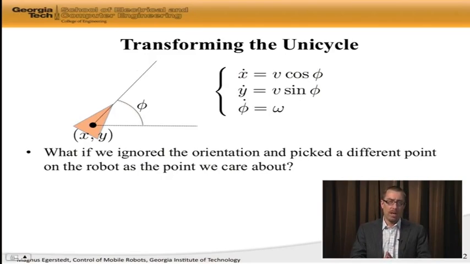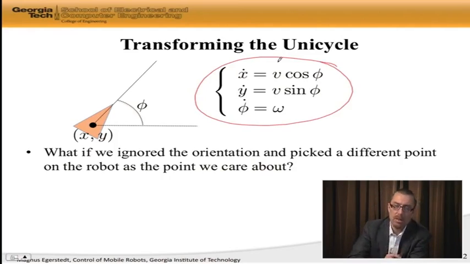So recall that we have the position, x, y, we have the heading, phi, and we have the dynamics as seen here. Typically, what we've seen so far is we want the robot not to slam into things. We want the robot to end up on top of goal points. We want the robot to follow walls. We don't particularly care which way it's pointing.